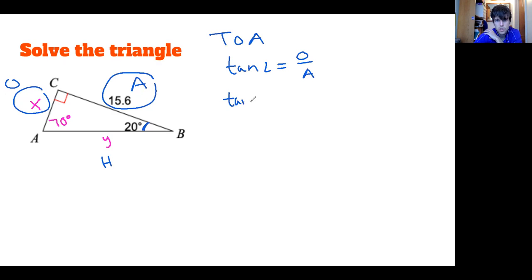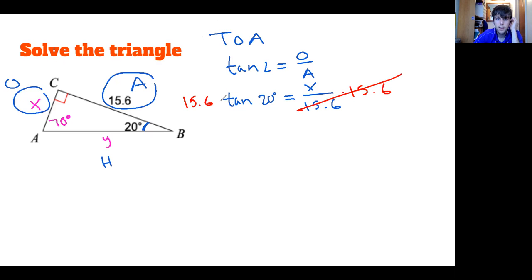That means tangent of 20 degrees, that's the angle we're using right now, equals opposite, which is x, divided by the adjacent, 15.6. Okay. Solving this one is one of the easier ones. The unknown is in the numerator. We multiply by 15.6 to get rid of that.